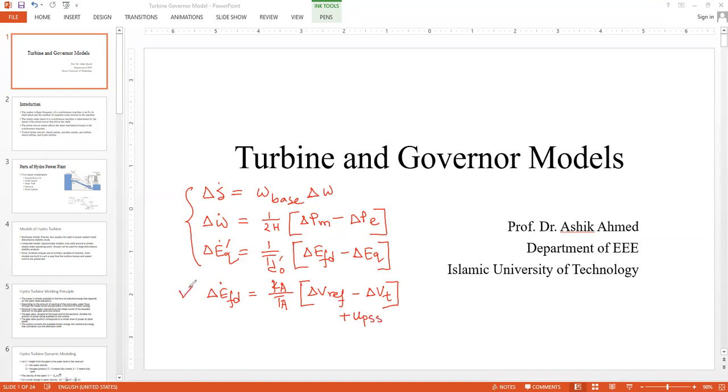So this was the exciter or the automatic voltage regulator block. And later on, depending on the number of stages required in the PSS, we had a few more state equations. So this is the summary that we have actually covered up till now.